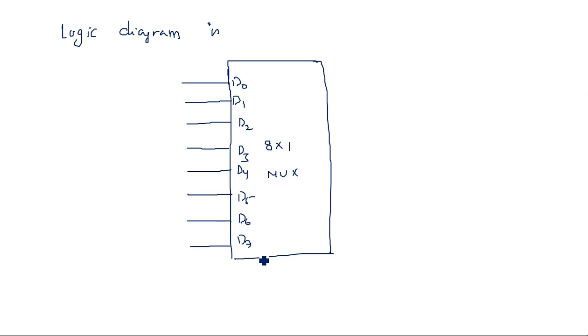So 0 to 7, total 8 inputs with 3 selection lines. Those selection lines are treated as A, B, C. For our understanding it is ABC, but from the multiplexer point of view they are S2, S1, S0, and only one output function, that will be Y. Here our output is F equal to A XOR B XOR C.